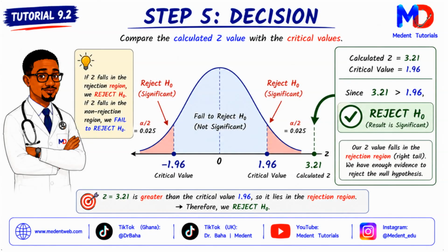So our calculated Z statistic of 3.21 is greater than the critical value of 1.96. Therefore, the test statistic falls in the rejection region. So we reject the null hypothesis.